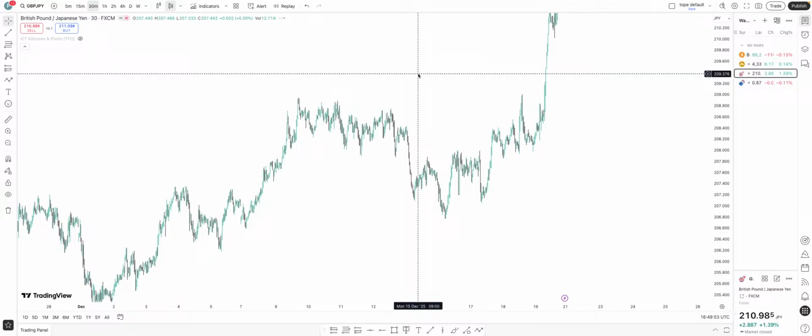So the market structure on the weekly and the monthly time frame is different from the market structure that you see on the daily and the 4 hour time frame. And the one that you see on the 4 hour time frame is totally different from the ones that you see on your 30 minutes, 15 minutes, 5 minute time frame.